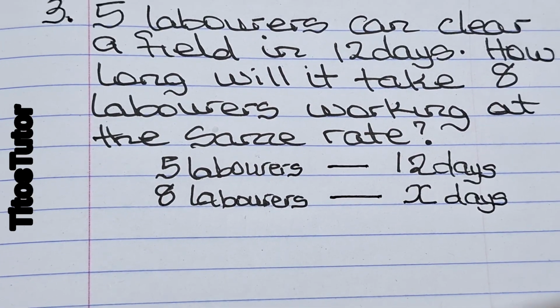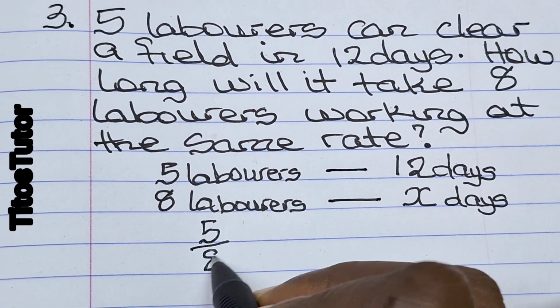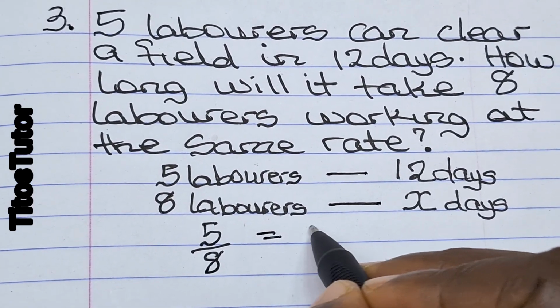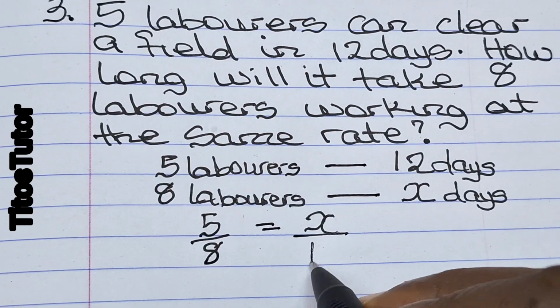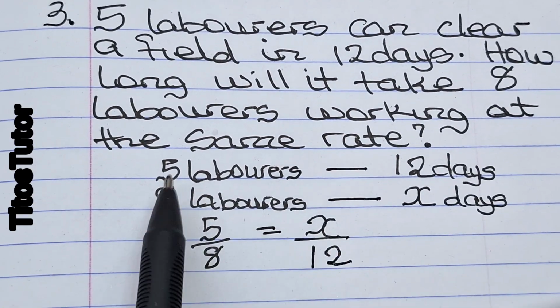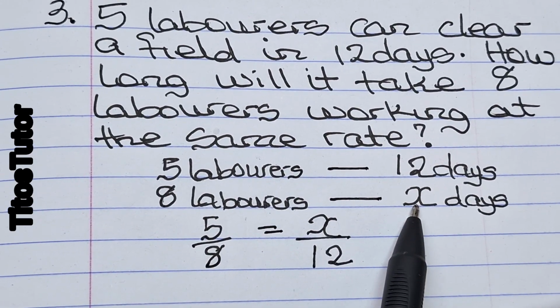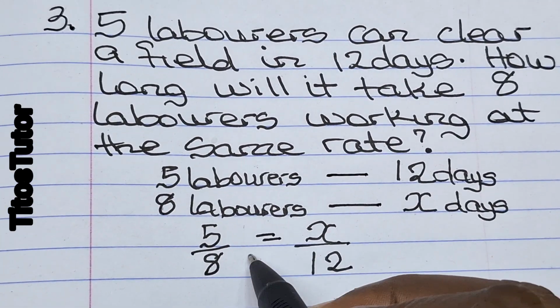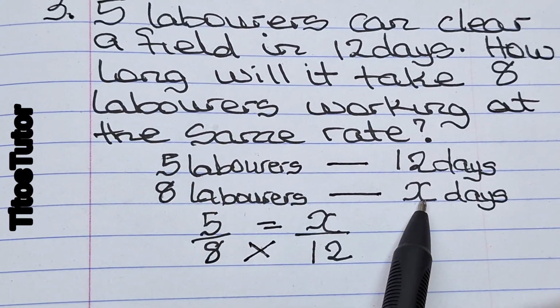In indirect proportion, it is usually first ratio is equal to the inverse. So 5 over 8 equal to X over 12. Before you cross multiply, keep and flip this.